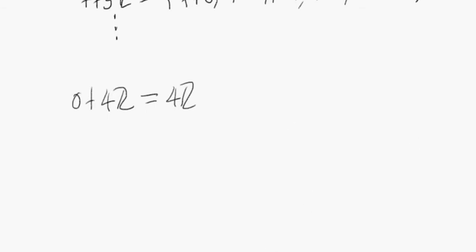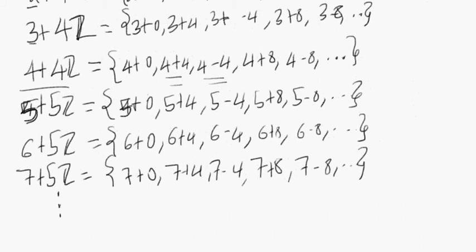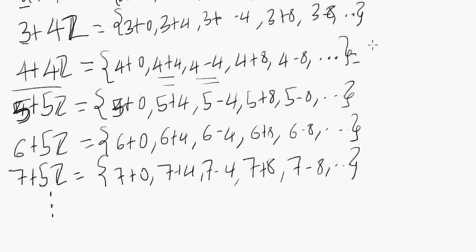Right? What about 4 plus 4z? So we looked at 4 plus 4z over here, and let's look at some of the elements of 4 plus 4z. 4 plus 0 would just give you 4. Okay? 4 plus 4 would give us 8. Alright? So 4 minus 4 would give us 0. 4 plus 8 would give us 12. 4 minus 8 would give us minus 4.